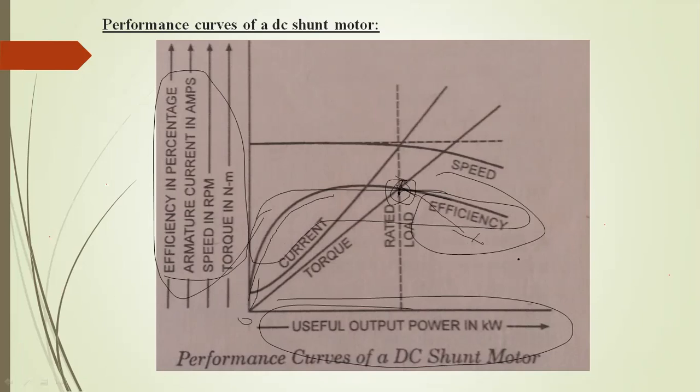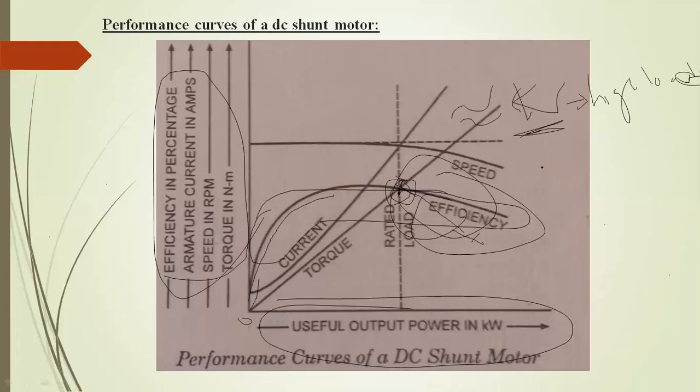Why? Because in the shunt motor, the field losses, friction losses, and iron losses are mostly constant. In shunt motors, the field, friction, and iron losses are approximately constant, not completely constant. They are considered approximately constant for high loads.